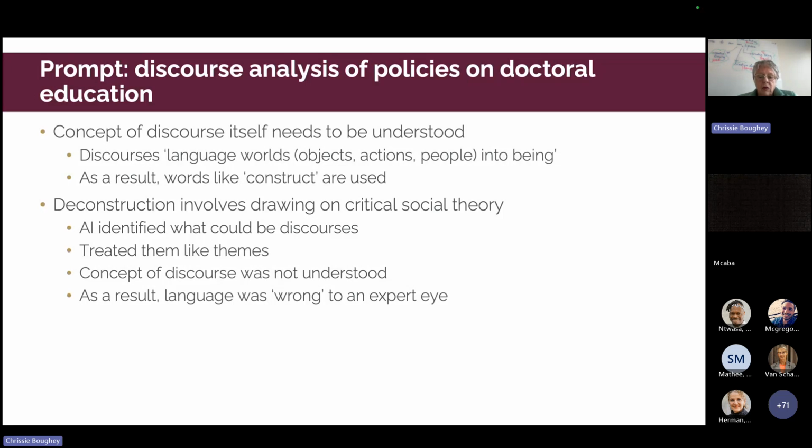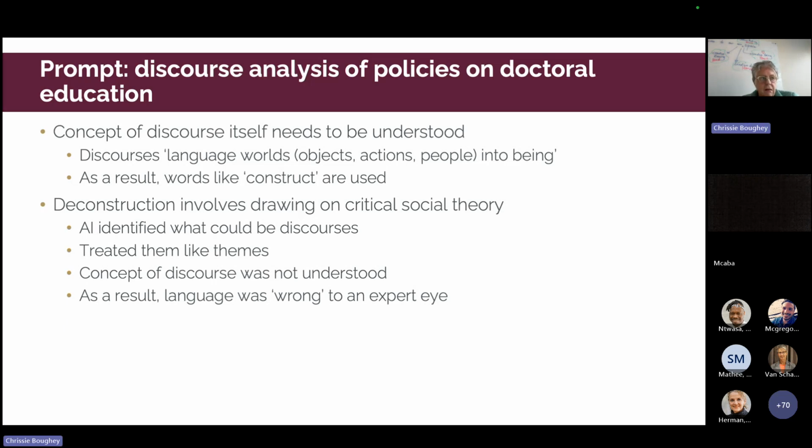And as a result, one of the problems was the language was wrong. I do a lot of discourse analysis in my own research, and it was wrong to an expert eye. The language, for example, didn't use the word construct. So it seemed to me that the AI tool produced something that was okay-ish, but it needed a lot of work.